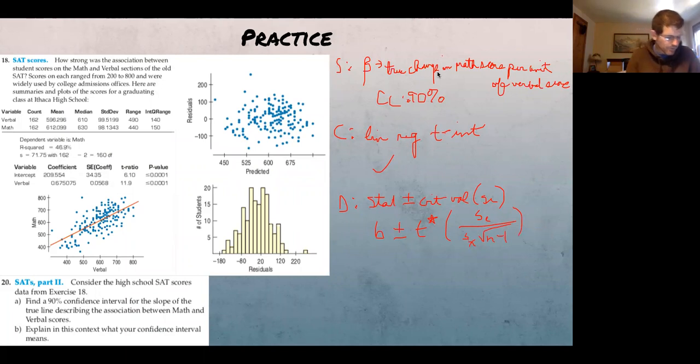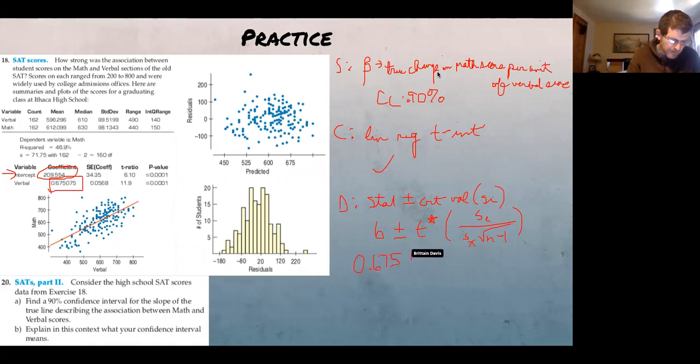So we need to come over to our printout and find these values. B is the slope. There's always the y-intercept, which is labeled with either intercept or constant. I know this coefficient is my y-intercept, which means this one must be the slope.